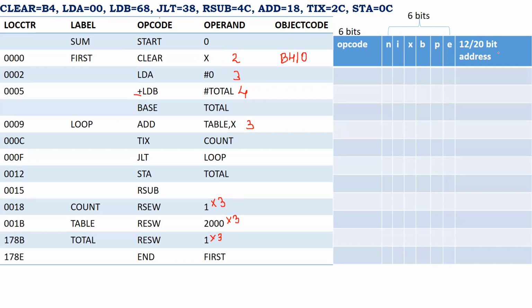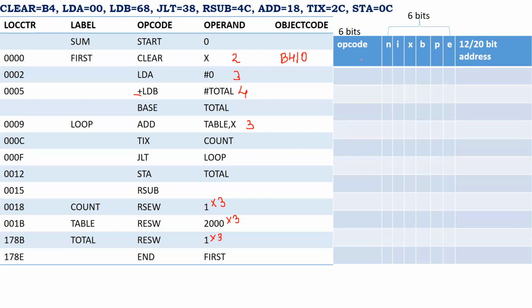Whatever displacement we calculate, we write it in this bit format. Let us write the addressing modes. N is the indirect addressing mode, I is the immediate addressing mode, X is the index addressing mode, B is the base relative addressing mode, P is the program counter relative addressing mode, and E is 0 for format 3 and E is 1 for format 4.